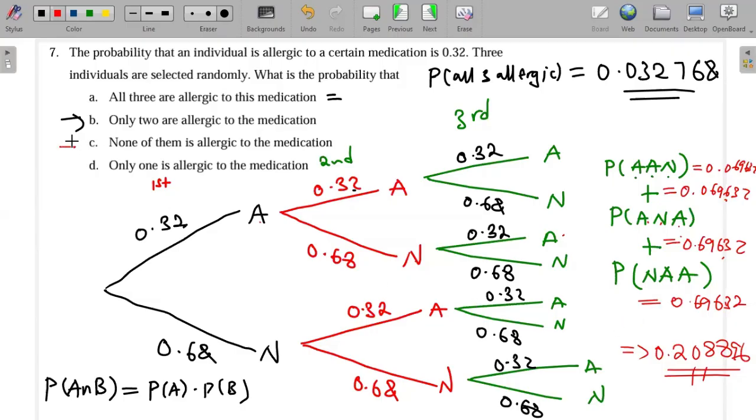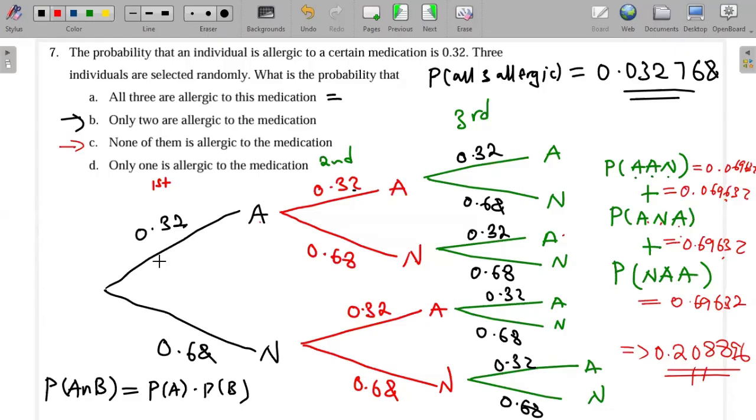And then part C, they're saying none of them is allergic to the medication. What do they mean? They simply mean all the three are not allergic. Okay, because none of them is allergic.